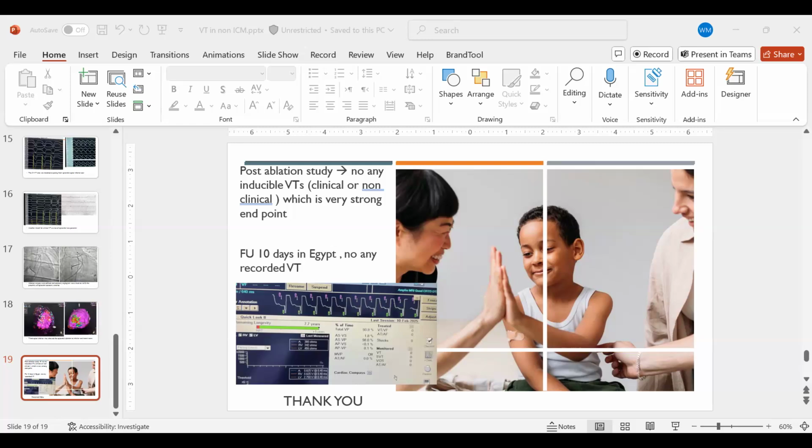Dr. John, we have a question from the floor. Afterward, did you continue medical treatment with amiodarone as an add-on, or what was your pharmacological management? After the procedure, no, we stopped amiodarone.